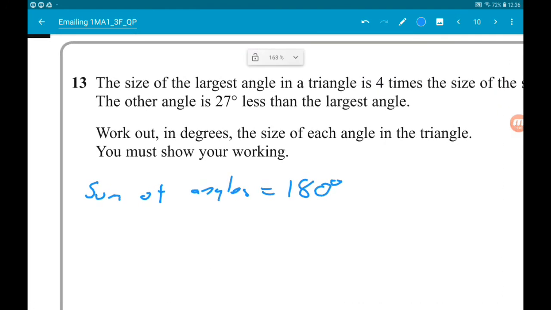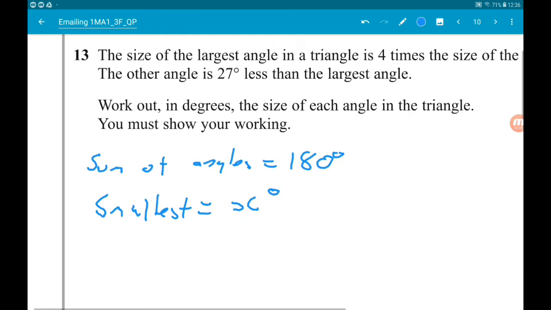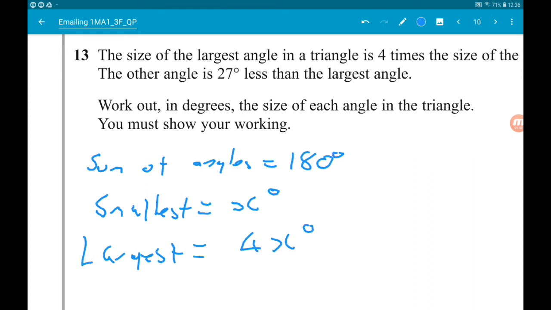Okay, now we're told that the largest angle is 4 times the smallest angle. So if we call the smallest angle x, we can then call the largest angle 4x. Now we're told the other angle is 27 degrees less than the largest.